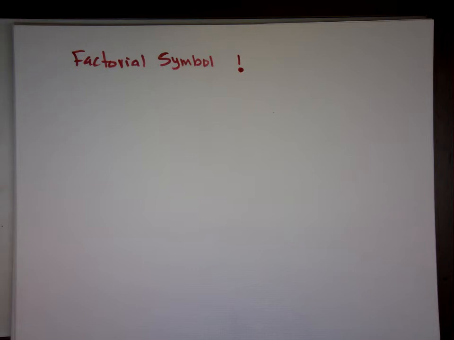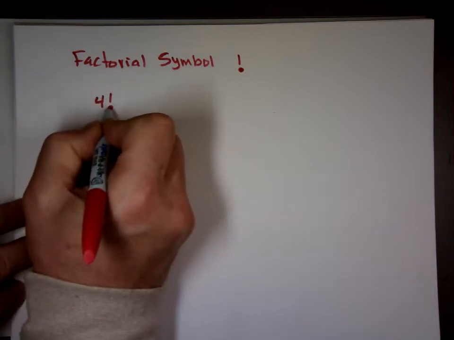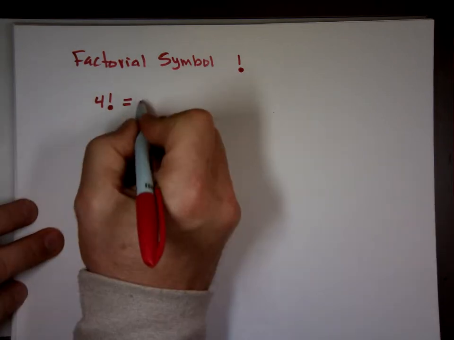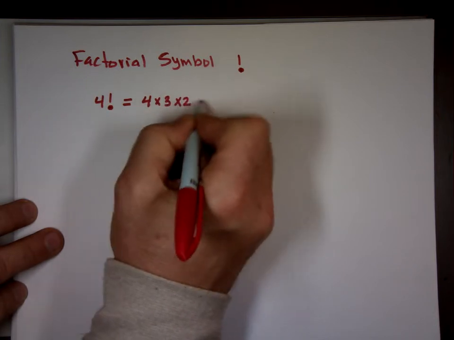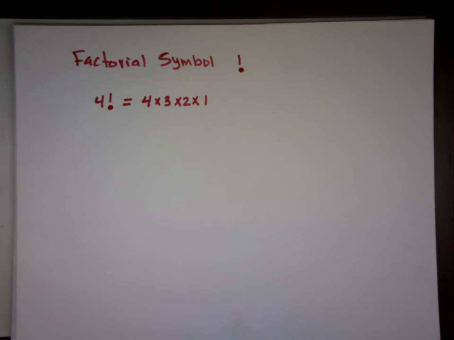Exclamation point. So when you write 4 factorial, what does that mean? Mathematically, it's 4 times 3 times 2 times 1. You start with that number and you decrease till you hit the 1.